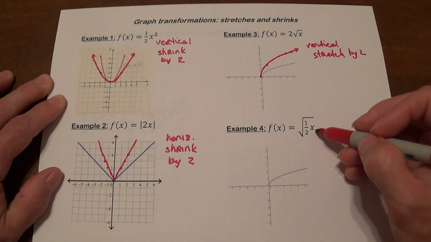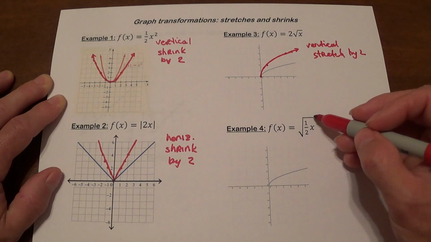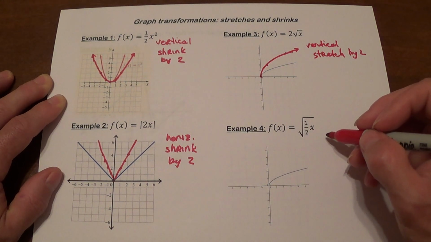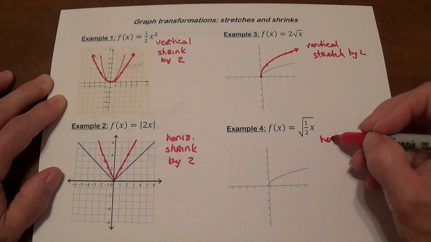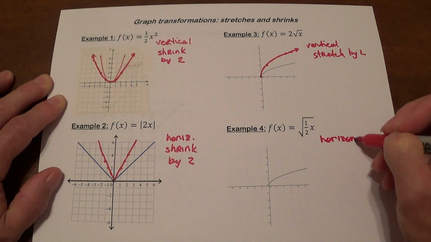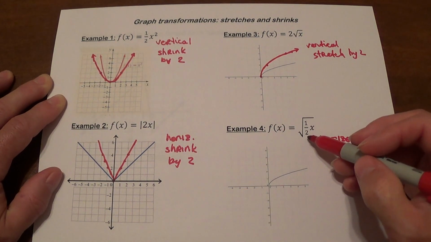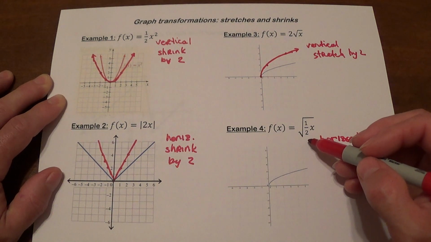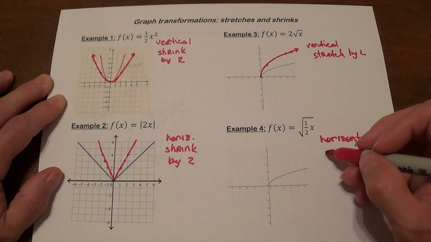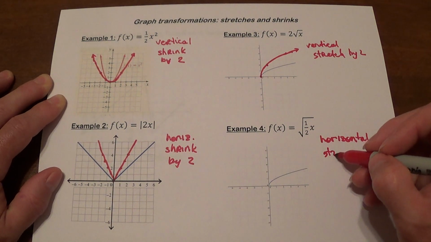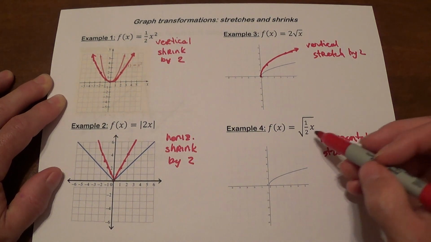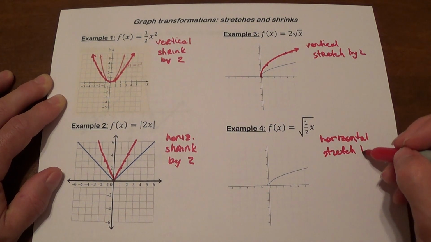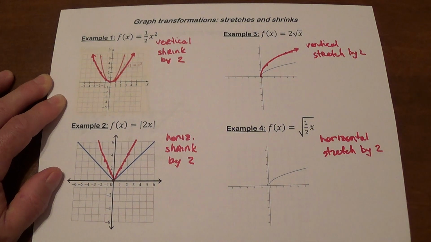Now we have 1/2 x underneath the square root. So that would be a horizontal change. The number is 1/2, so it's less than 1, so it's going to be a horizontal stretch, and the value is going to be the reciprocal, a horizontal stretch by a factor of 2.